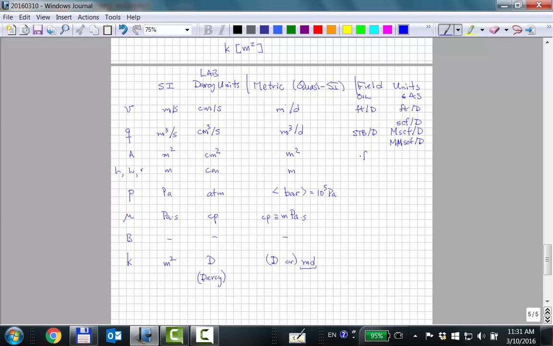Area, feet squared. Actually, when it's the same, I'll just put the same.